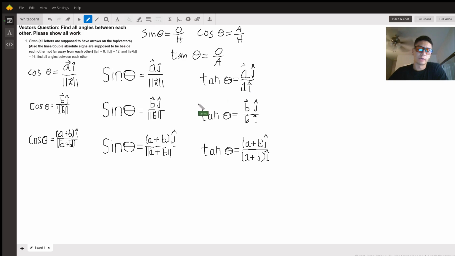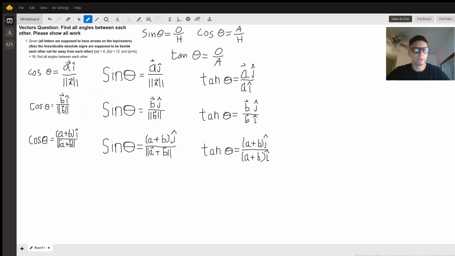And that would be how you find the angles between them. You would then take the inverse of these functions. So it would be theta equals cosine inverse of the i component of the A vector divided by the magnitude of the A vector, and so on and so forth.